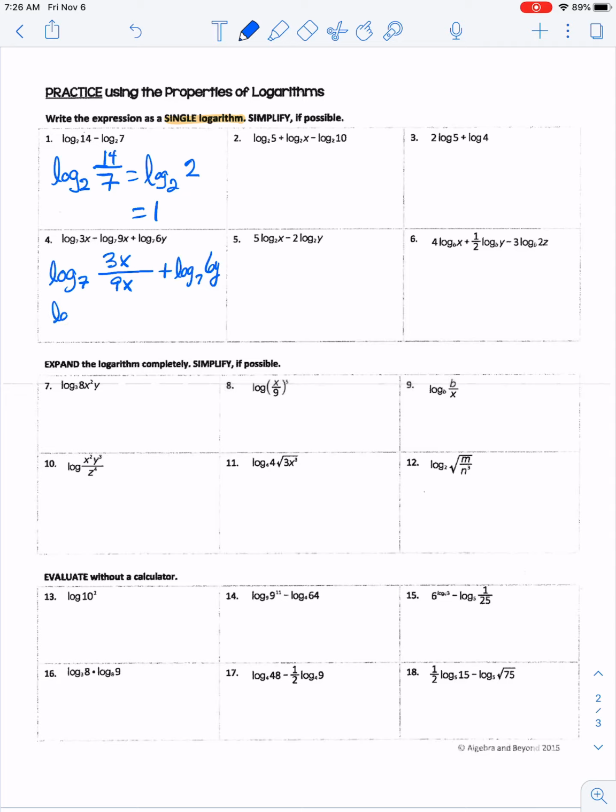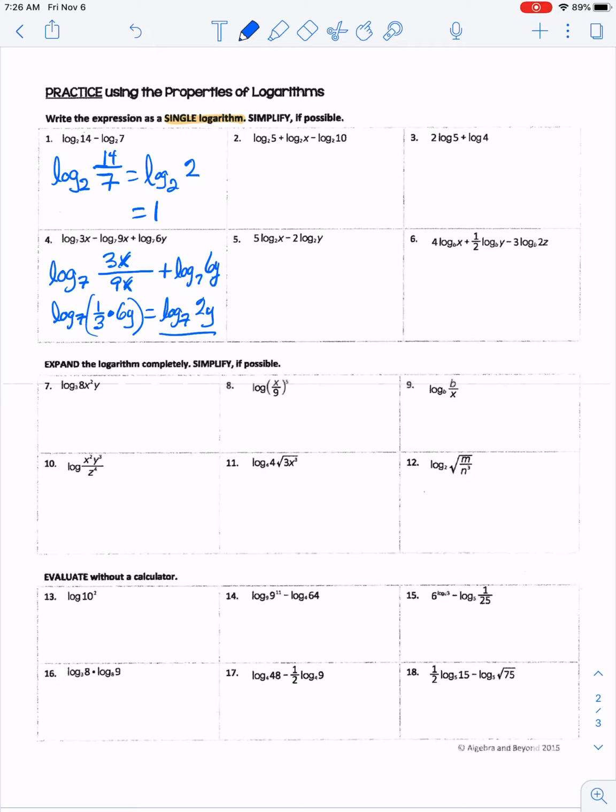This becomes log base 7 of, we can reduce 1/3, times 6y, because if it's a plus, we multiply by 6y. In the end, we arrive at log base 7 of 2y, the final answer, because you're simplifying in there.